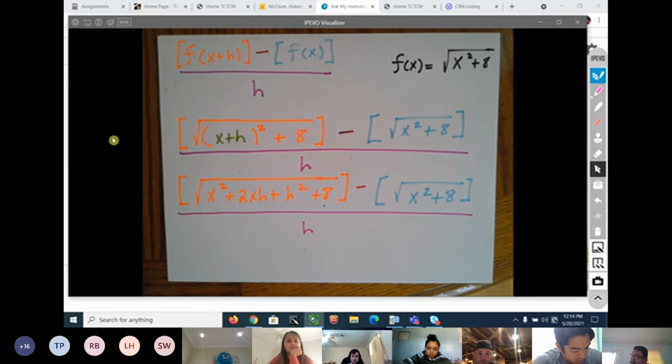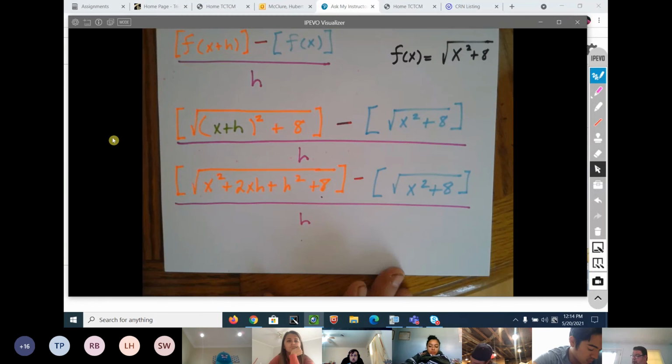Now, the only thing I can see that you can do with this is conjugate the numerator. And even if you did conjugate the numerator, it would put the radical in the denominator. I really don't know if that's what they want to do. I don't know if they want to set up or if they want to conjugate.